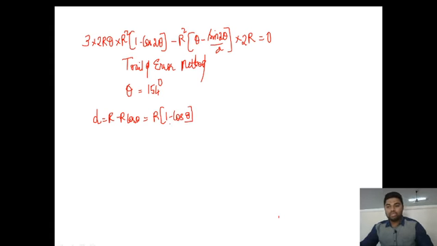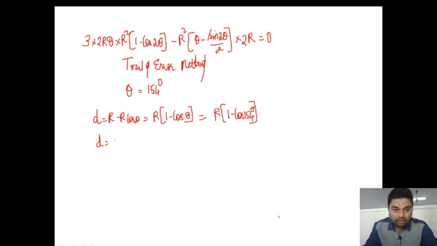On substituting 154 degrees, that is r into 1 minus cos 154, we get small d as 1.89 r.